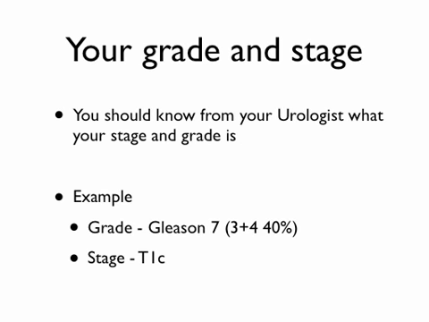So you should know from your urologist what your grade and stage is. For example, you should know whether it's a Gleason 7, and if it is, whether it's a 3 plus 4 or 4 plus 3, and what percentage of grade 4 you have. The stage may be given a designation such as T1C, which means detected only by PSA testing.